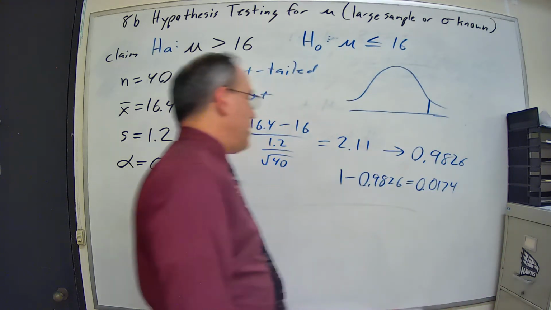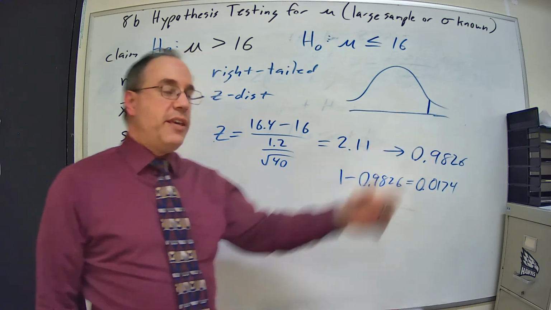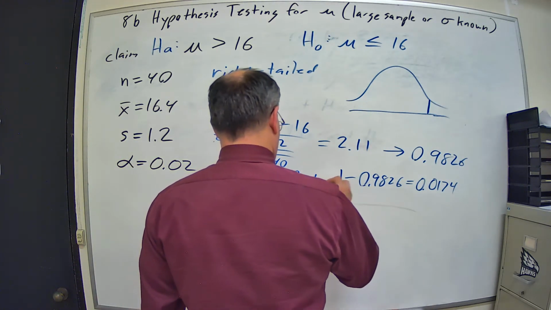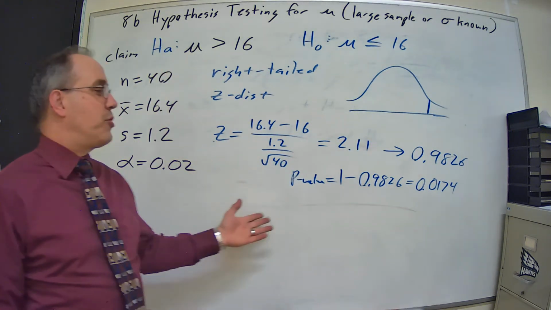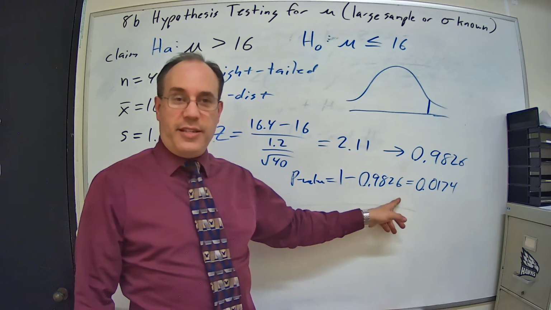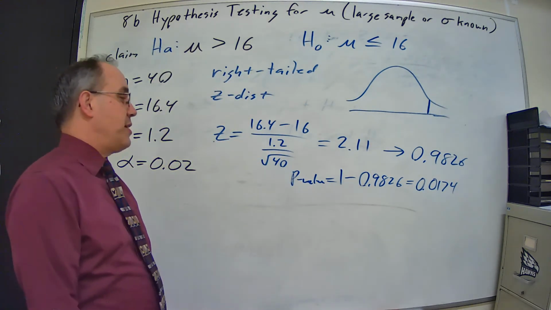So now we have our p-value. The p-value is equal to the area in the tail. The area in the tail is 1 minus the area that the table gave us, so 0.0174. That's the area in the tail.